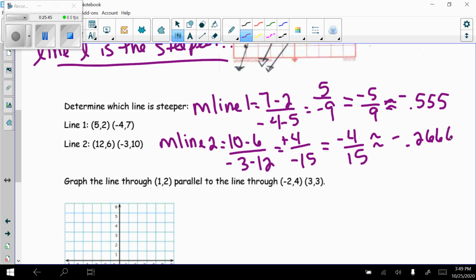So -0.5 or -0.2, which one is closer to 0, since we're dealing with negatives? -0.2666. That's the closest one to 0. That's the bigger one. So to answer the question, line 2 is steeper.